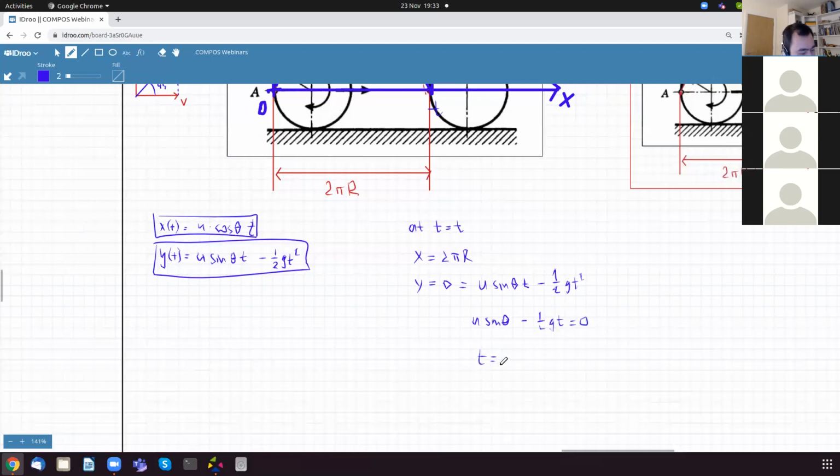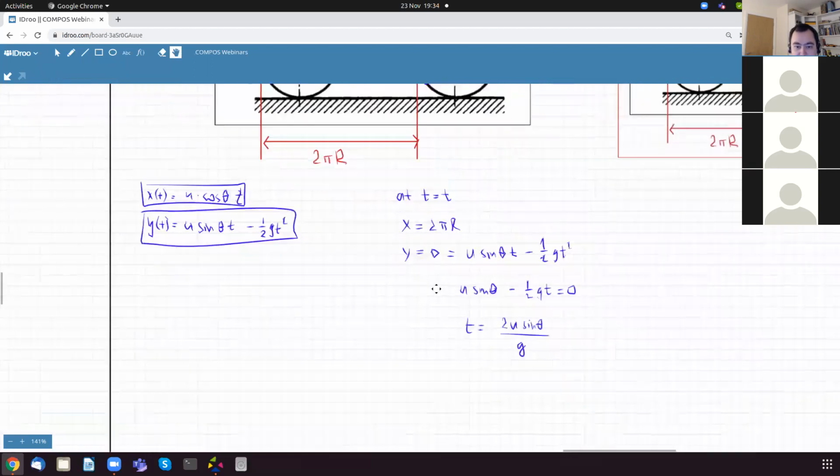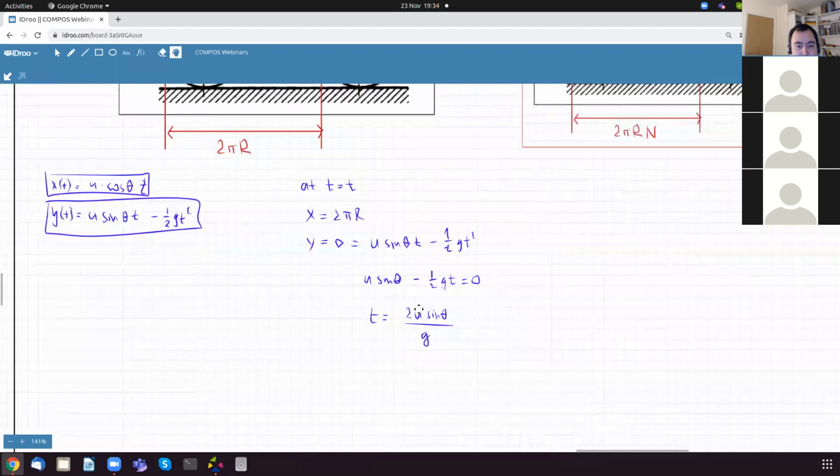So t is equal to 2u sine theta divided by g. This is actually a familiar expression. It is in the assignment.